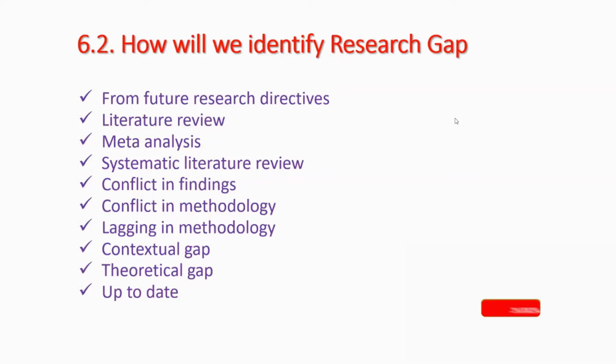Conflict in methodology. Conflict in methodology means somebody has taken their methodology in the case of considering the population. Suppose they have studied in the area of Chittagong. They did not consider Dhaka or any other area, or the sampling technique.